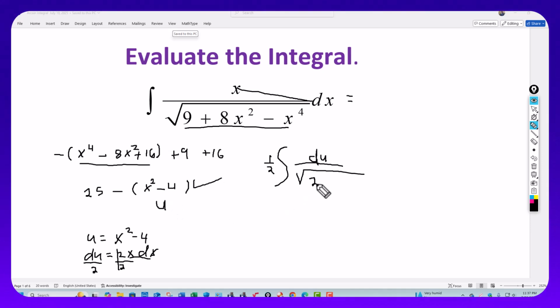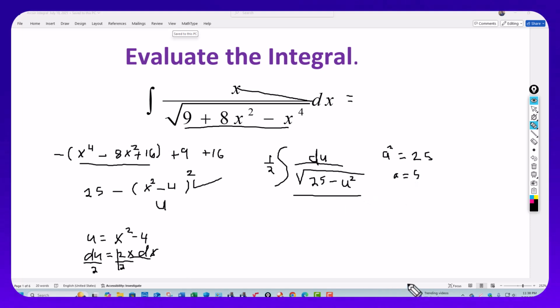This is going to be 25 minus, in terms of u, x squared minus 4 will be the u, and of course this is squared here. So it's u squared. Now, this is the same formula I just showed you, a squared minus u squared. So the a squared in our case is 25, so a is equal to 5.